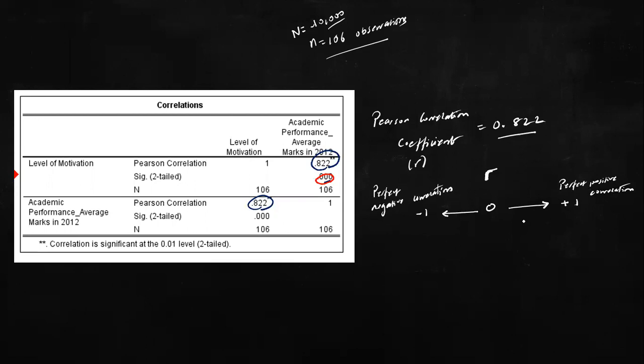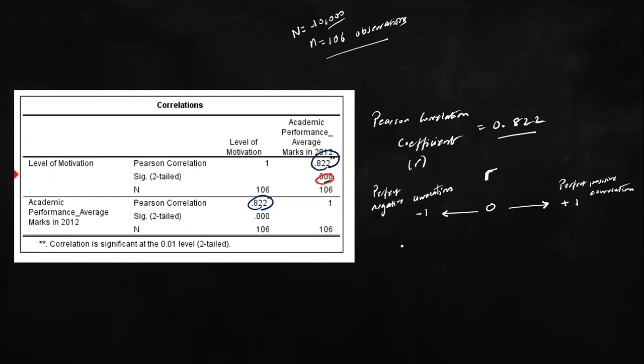And anything in between. So normally you will never get -1 or 1. That would be too good to be true. That's almost impossible to get. You have something along the continuum. So we need to be able to make sense of it.